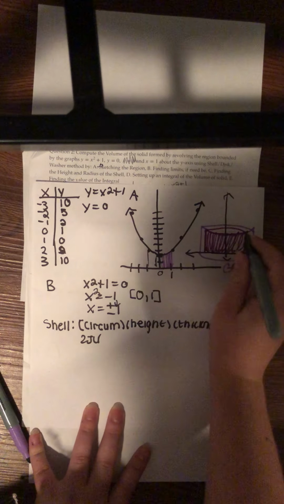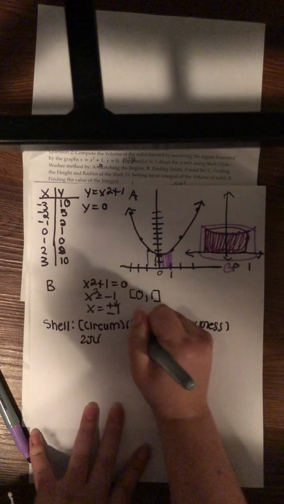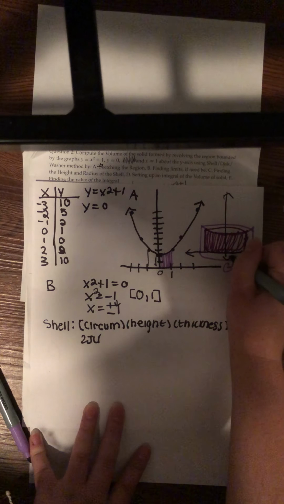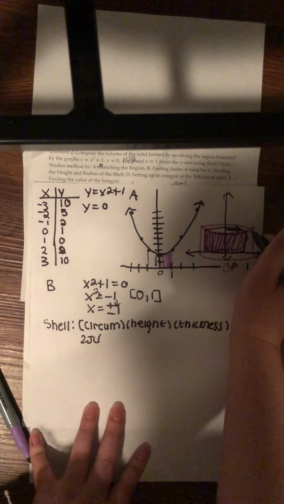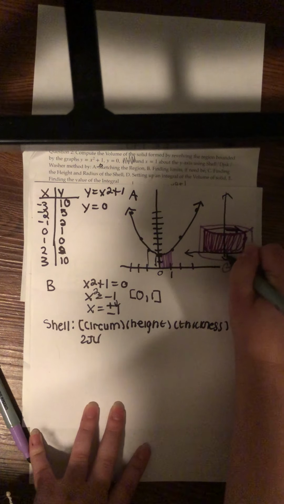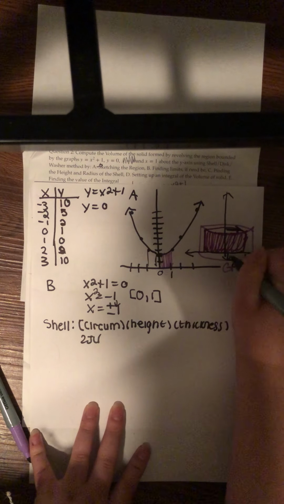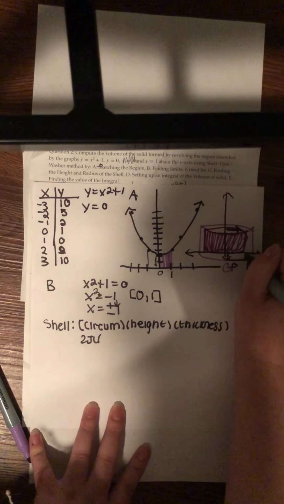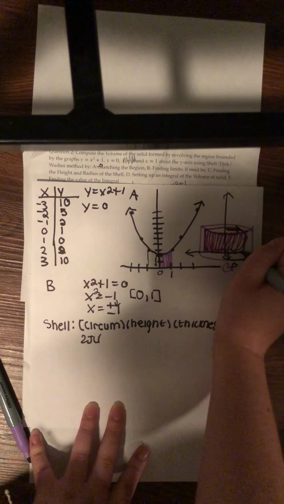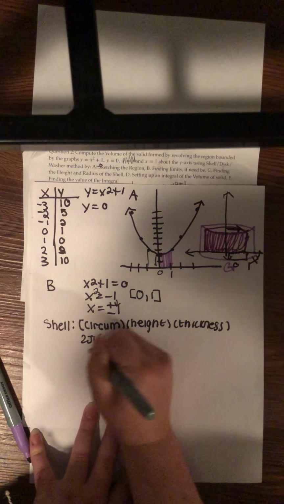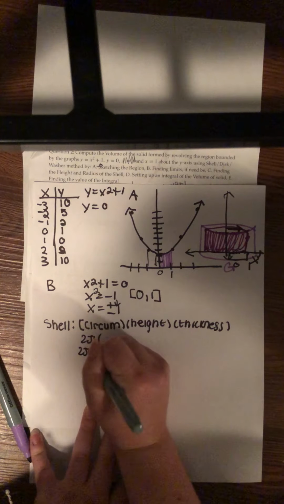Now, the radius is going to be this right here in the diagram. And if we look closer, the radius goes like this. And what is these values right here? They're just x. Any value right here is x because these points are x, which is what we're looking at. So the circumference equals 2 pi x.